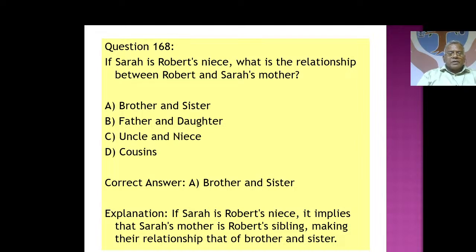So, if Sarah is Robert's niece, what is the relation between Robert and Sarah's mother? Sibling means கூட பிறந்தவங்க. So making the relationship that of brother and sister.